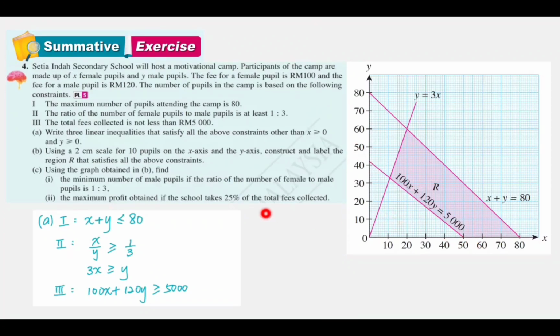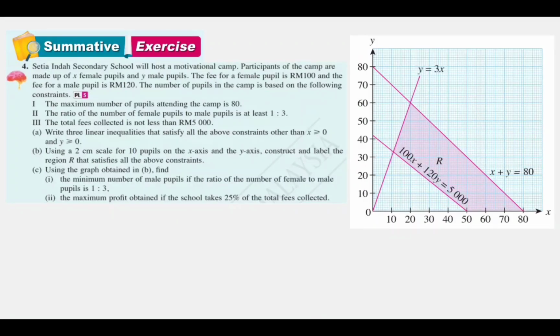Then the region R: x plus y less than or equal to 80, so for this line we want the region below the line. And 3x greater than or equal to y, our y is on the lesser side, so we want the region below y equals 3x. So we want this side. Number 3, 100x plus 120y is on the greater side, so we want the region above this straight line. So we have our region R here.